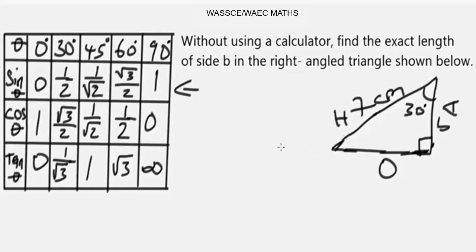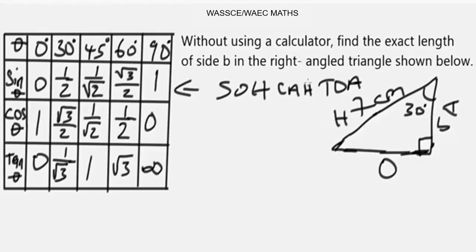Now remember we're going to make use of SOHCAHTOA. In this right angle triangle, we have the hypotenuse side, we don't have the adjacent, we don't have the opposite, and we are asked to find the exact length of side B, which is the adjacent side.